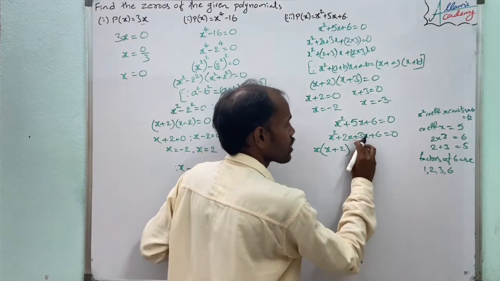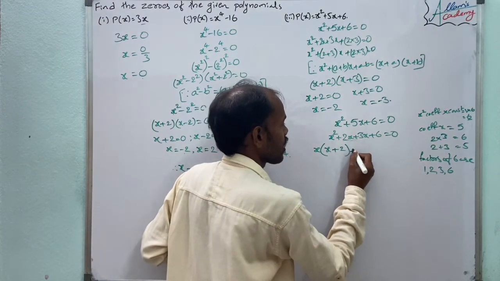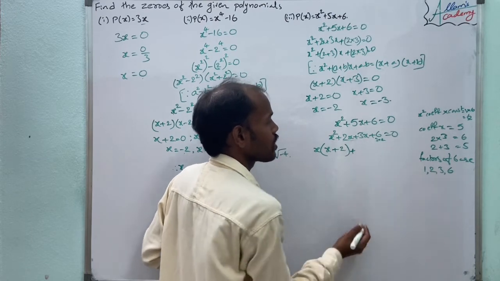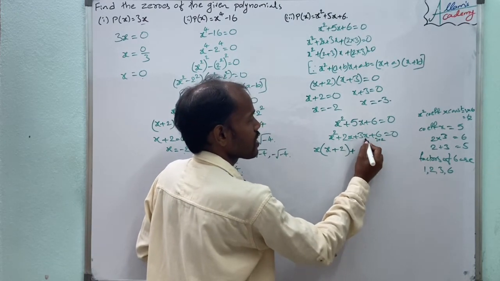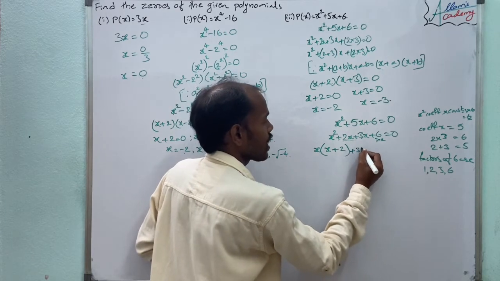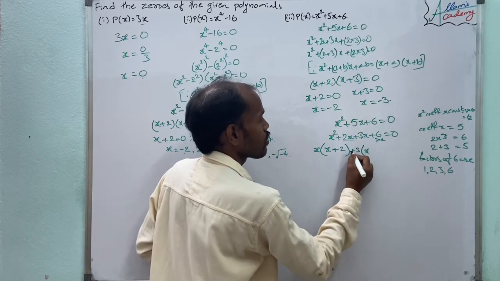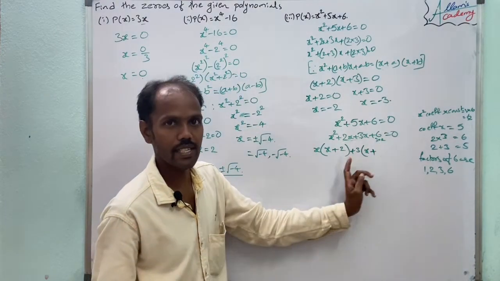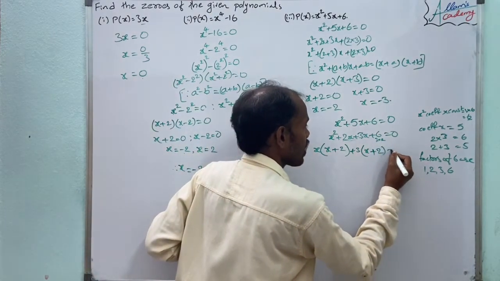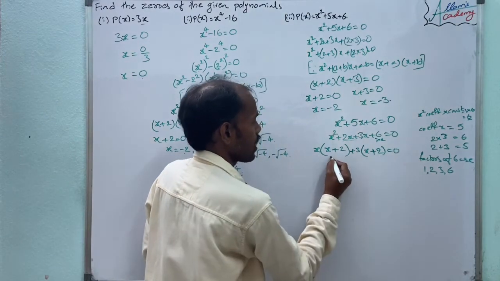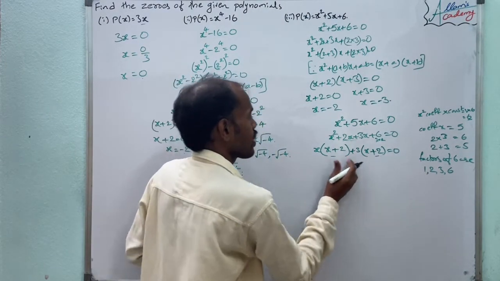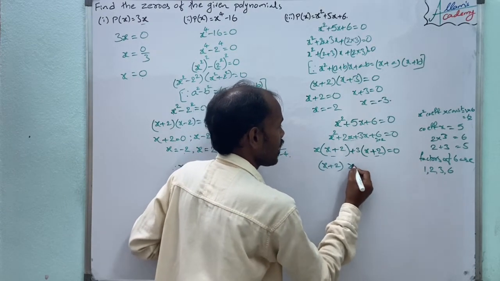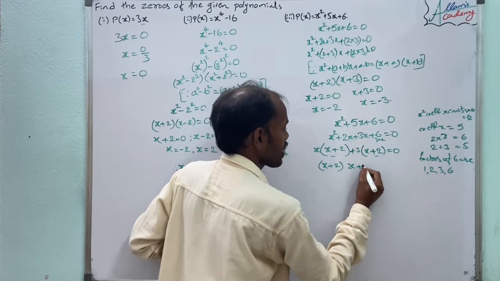Now in the other two terms the plus symbol is common, and 6 is expressed as 3 into 2. In both numbers 3 is common, so taking 3 common, x remains, and 3 into 2 is 6, as already said, so 2 is written. Now in both terms x plus 2 is common. Taking x plus 2 common, x remains in the first and plus 3 remains in the second.